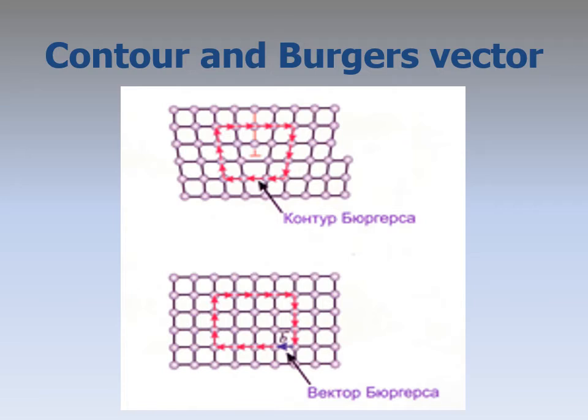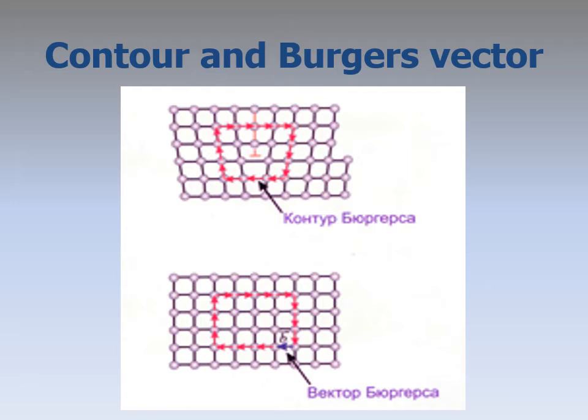To assess the degree of lattice distortion caused by the dislocation, a perfect crystal should be compared with an imperfect one containing the dislocation. For this purpose, a structure called the Burgers contour is used.